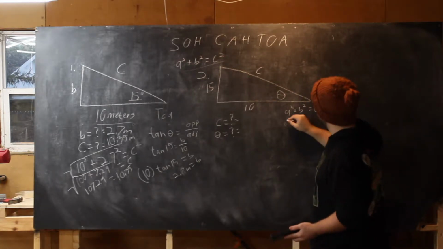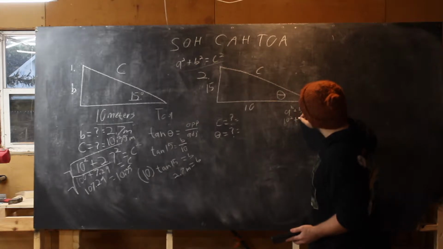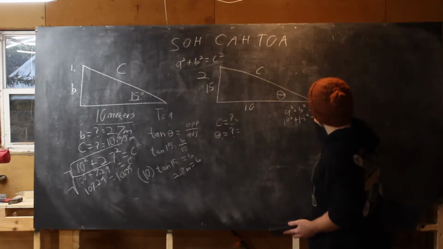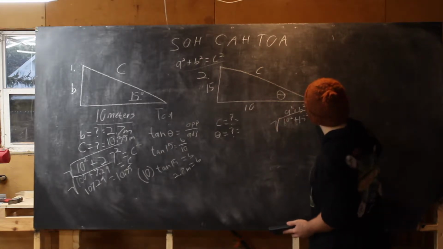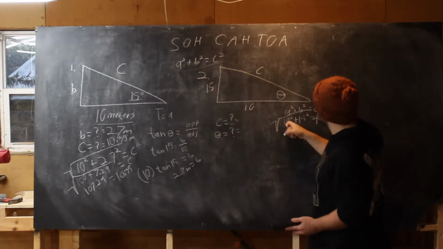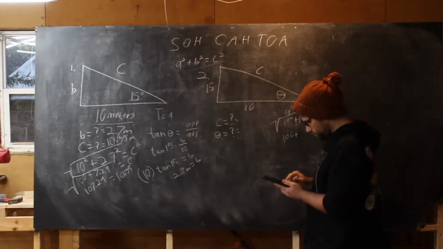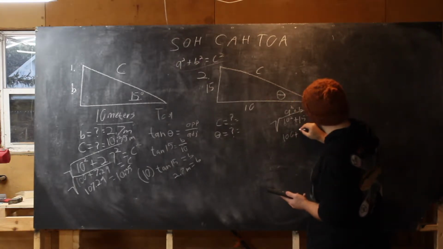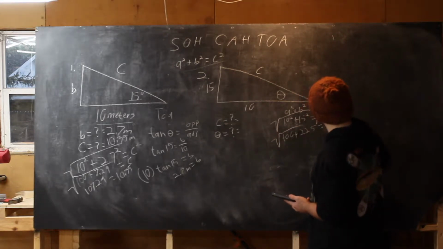So therefore, we'll say 10 is A. 10 squared plus 15 squared equals C squared. We'll square root both sides. So 10 squared is 100 plus 15 squared is 225. Square root of that equals C.